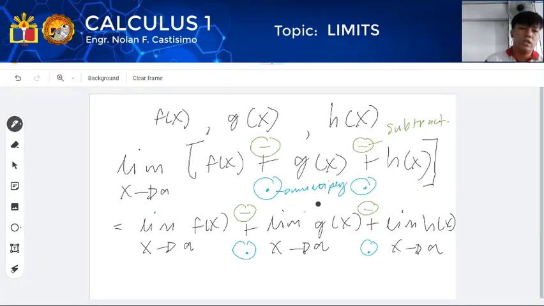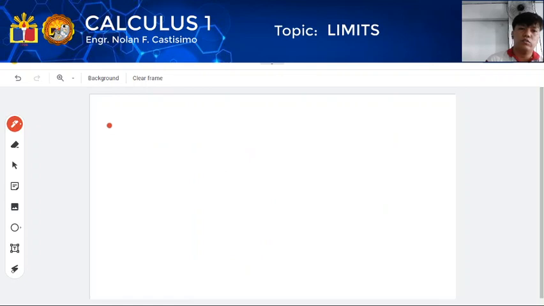So, ito yung remark 1. Next, ito yung remark 2. So, yung constant multiple theorem natin, which is yung theorem 3. So, i-apply natin yung constant multiple theorem sa multiplication theorem. Okay, magbigay tayo ng halimbawa.